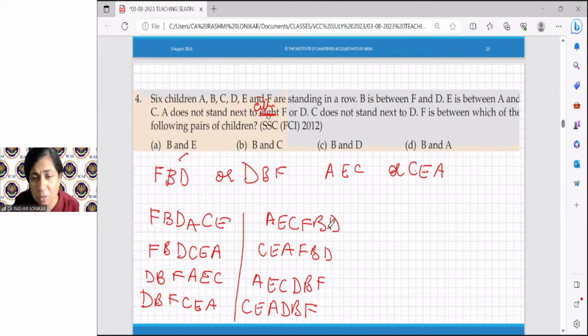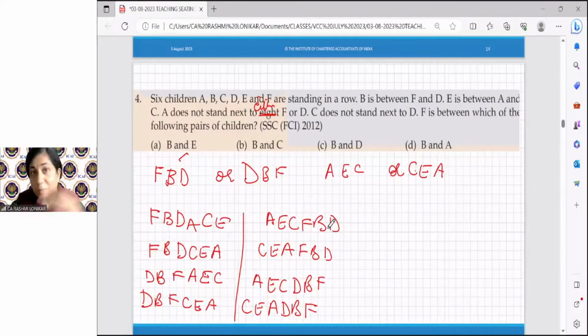So these are the possible combinations, because I know F, B, D are together. So it may be FBD or DBF. What it implies is B has to be in the middle, and the other two can switch places. The other thing is that E is between A and C, so you can have A, E, C or C, E, A. Now again, these are two groups, 3 people together, 3 people together.